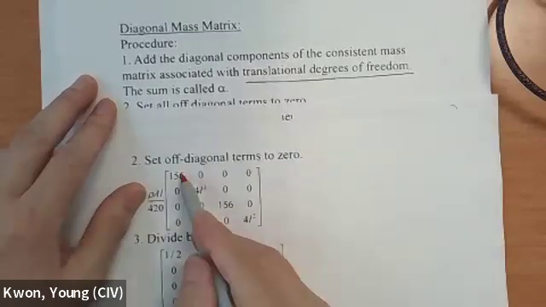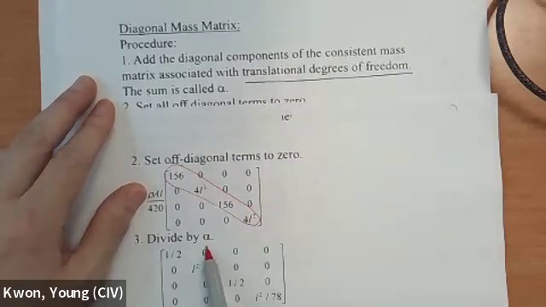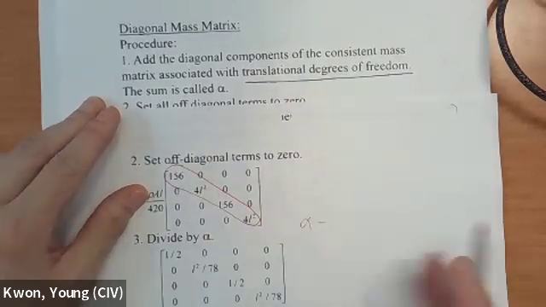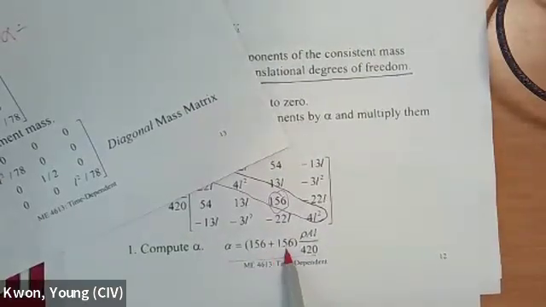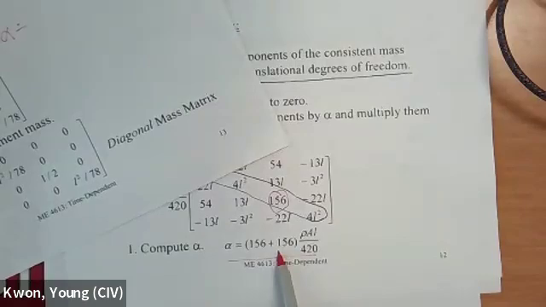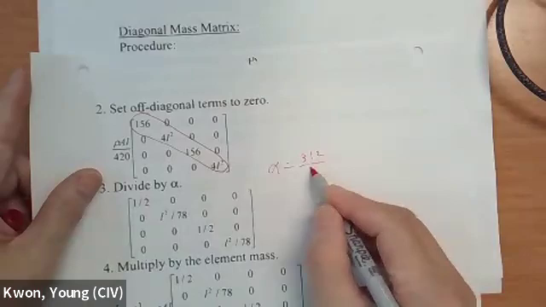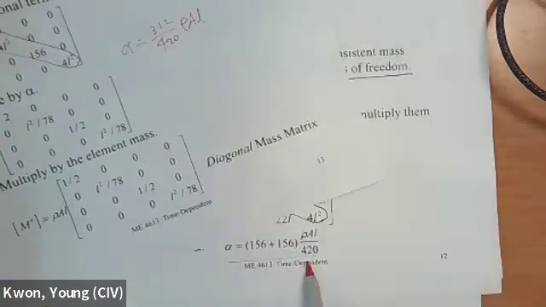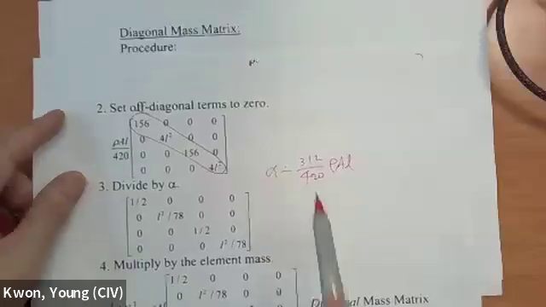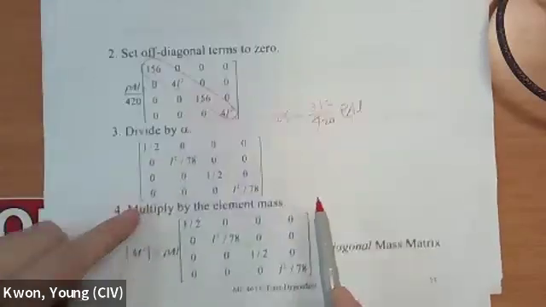So this component is divided by this alpha. Alpha here was 156 plus 156, which is going to be 312. So 312 over 420 rho AL. We divide by that, including this factor, and then you get this one.